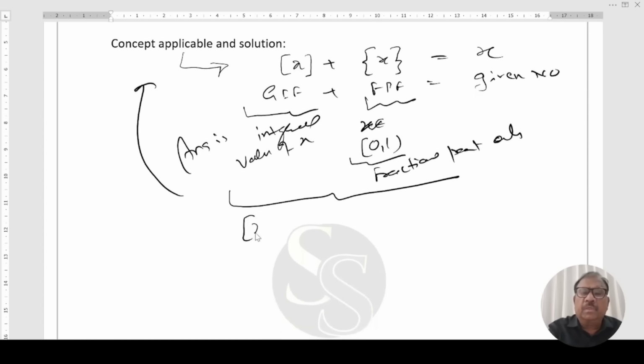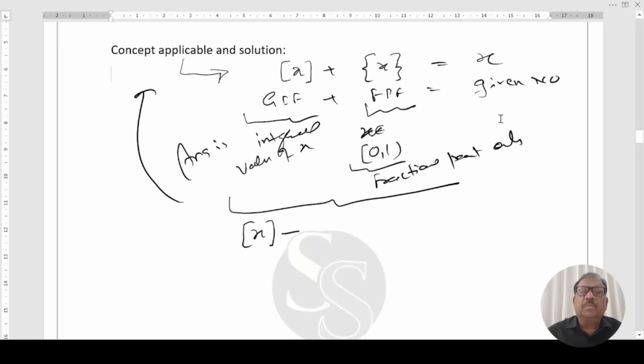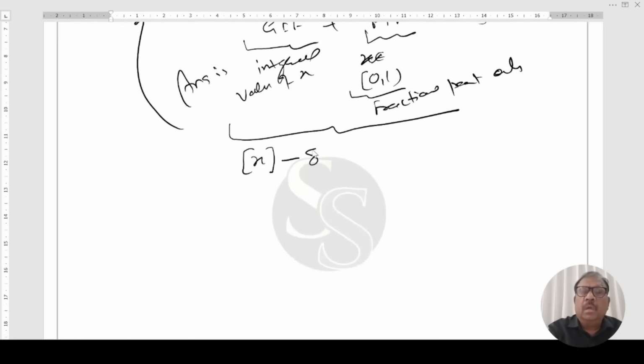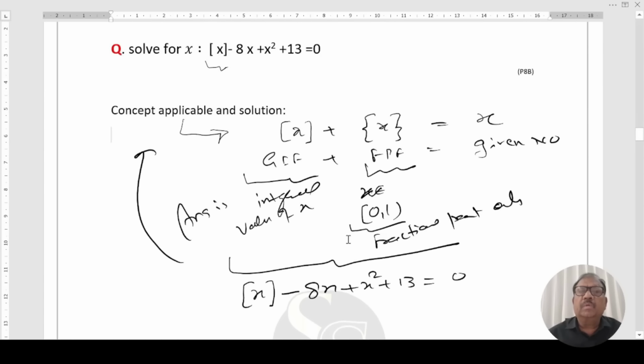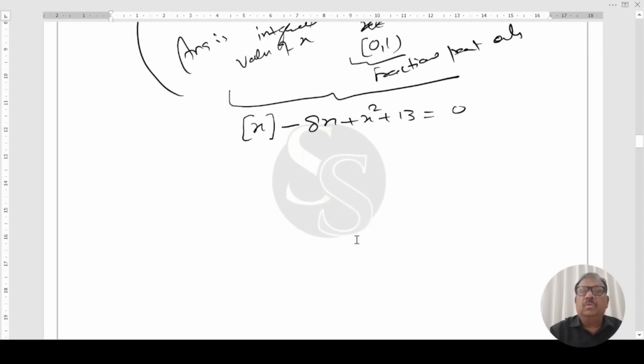Greatest integer function [x] minus 8x plus x square plus 13 equal to 0.